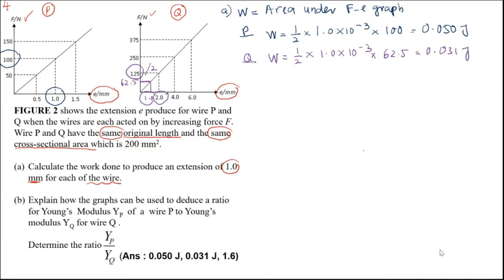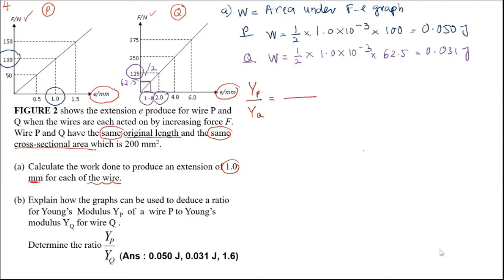And then how about part B? Explain how the graph can be used to deduce the ratio of Young modulus YP of wire P to Young modulus YQ for wire Q. First, we need to find the ratio of Young modulus P to Young modulus Q. Of course, we need to use the equation of Young modulus.